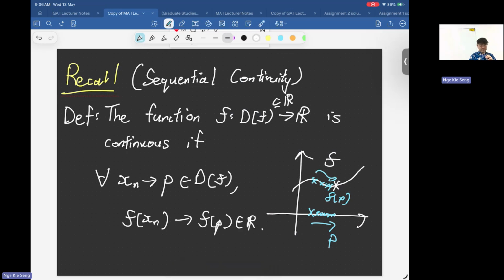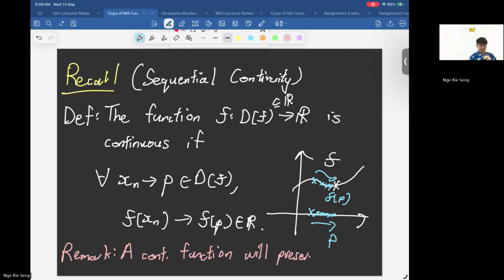So this is the remark: a continuous function will preserve convergence of sequences. Last time Taylor asked what preserve means, right? You have a convergent sequence, and then you apply f, and that sequence still converges. Does it make sense?